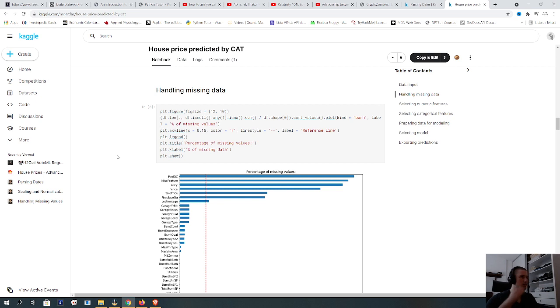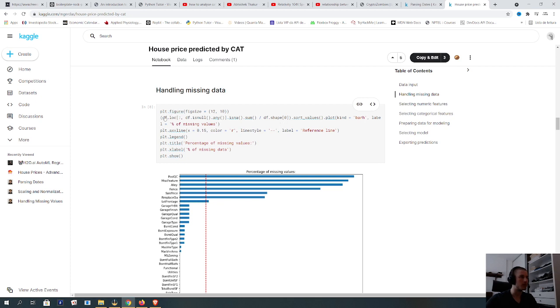Handling missing data. So I guess here they are looking for all the columns that have missing data. This sums up all the null values in each column and returns a series with the feature, which is a column, and the amount of null values each column has divided by the shape of the column, which is the number of rows, I think.